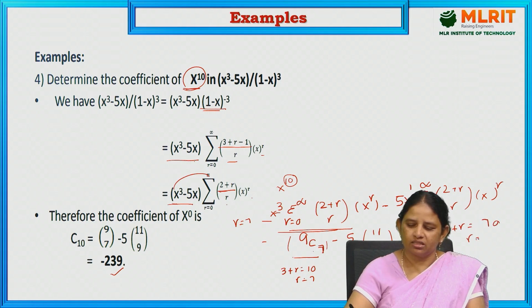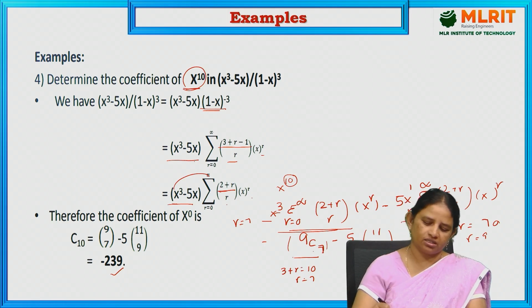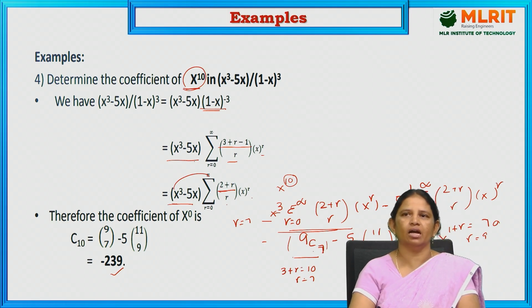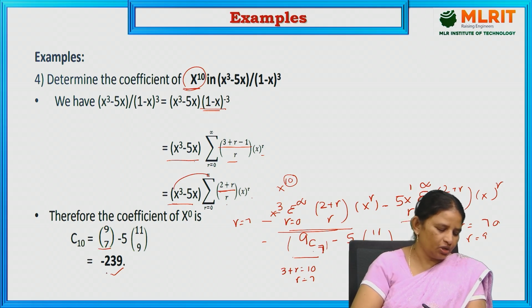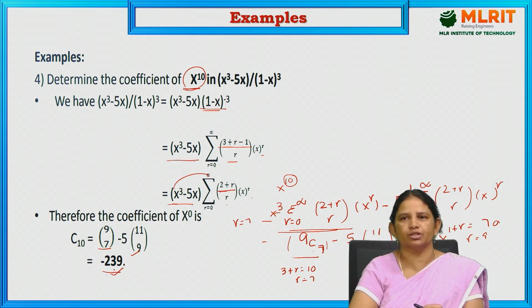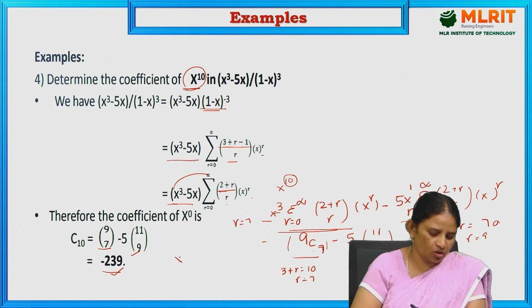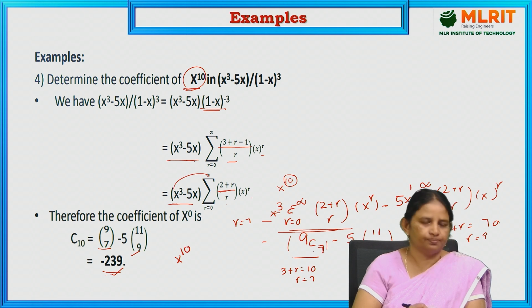Then r value is 9. In the second case, r value is 9. Simplifying, we are going to get 5 into 11C9. So 9C7 value should be found out and 5 into 11C9 value should be found out, and subtracting will get minus 239 is the coefficient of x to the power of 10.